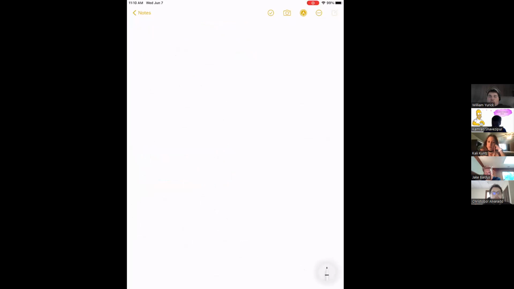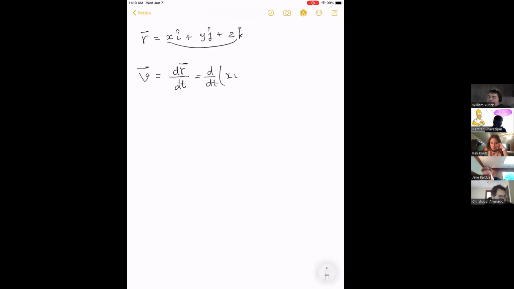So to start, we start with position vector R, as I said, is xi plus yj plus zk. Right? Now, we talked about velocity, which is the time derivative of the position vector. So I'm going to put the d/dt of this, xi plus yj plus zk.